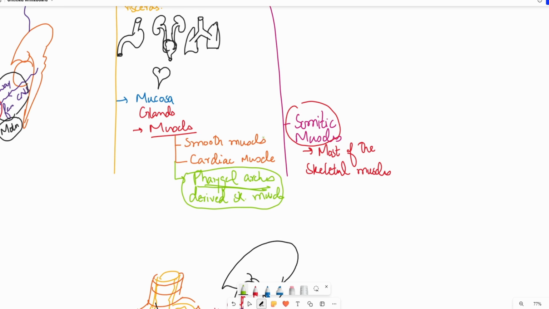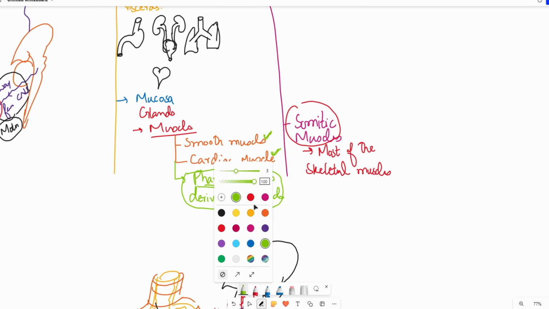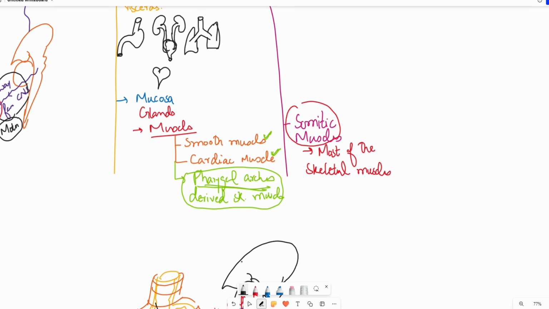And by the way, smooth muscles as well as cardiac muscles are also non-somatic in origin. Typically they are non-somatic in origin, although there is some research going on, and some articles say that the smooth muscles of the aorta have some contribution from the somites, but generally speaking it is believed that all the muscles in this category are non-somatic in origin.